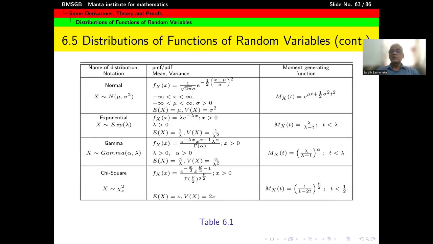Then you have to see it as a function of t, a moment generating function evaluated at t.